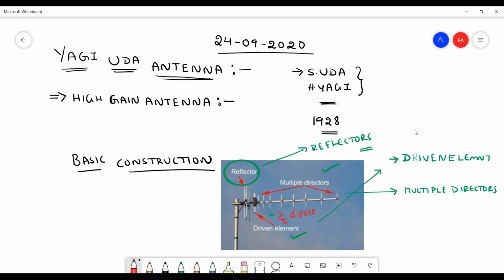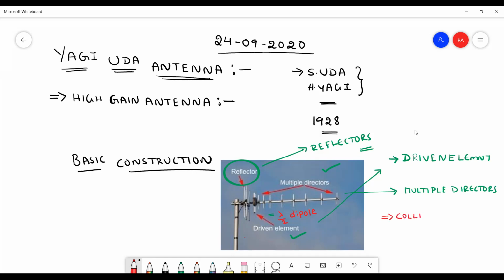The parasitic elements are also metallic rods that are arranged parallel to this driven element, placed at the same level, all arranged collinearly.